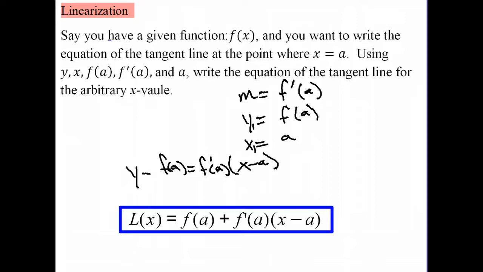And so we say that the linearization of a function is simply equal to the function evaluated at a point plus the derivative of the function evaluated at that point times the quantity x minus that point a. So what this tells us is that any given function f of x is approximately equal to L of x when we're close to a, whatever a may be.